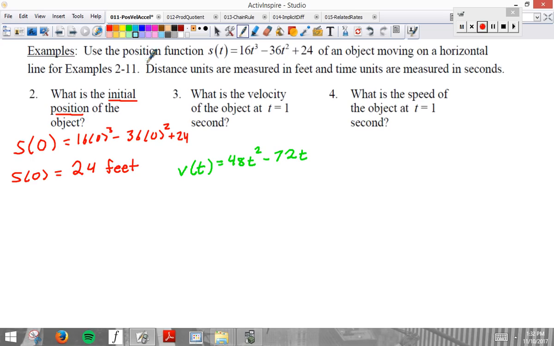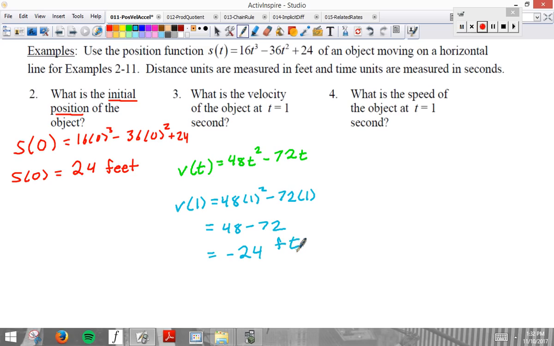But this problem asks me to actually find the velocity of the object at 1 second. So that would be v of 1, which is plugging 1 into this function. And we have 48 minus 72, which is negative 24.